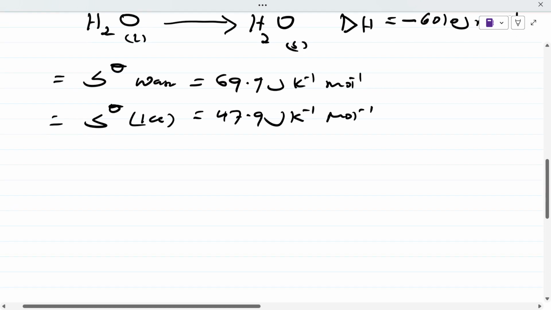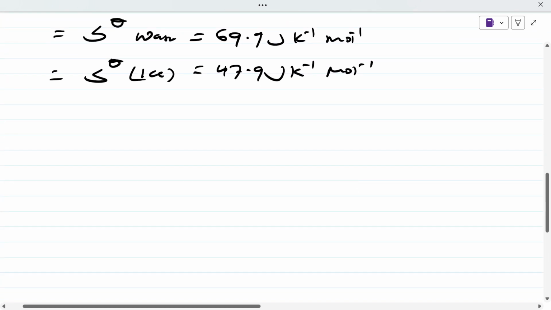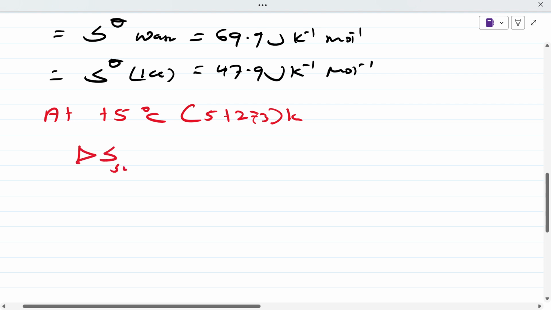The justification I'm going to give here will be at +5 degrees Celsius, which is also the same as 5 plus 273 Kelvin. So delta S of the system is going to be that of the products minus reactants.